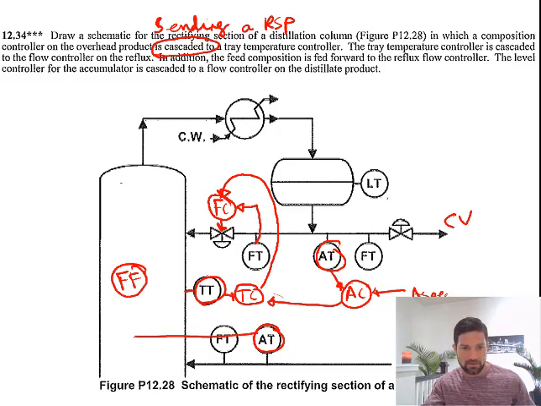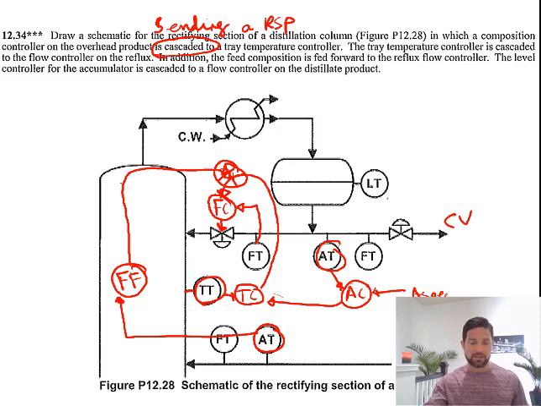The measurement of the composition goes to the feed forward controller, and this is fed to the reflux controller. So we have two signals going to the reflux controller. Again, we can combine these feed forward and feedback signals as we have previously.